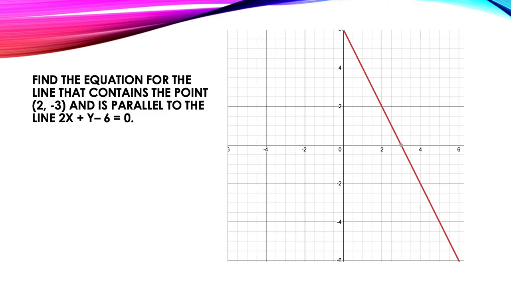First of all, what you want to realize is that the line that's drawn in the picture, and you may not always have a picture, is the equation of this 2x + y - 6 = 0. And then we want to find the point (2, -3). So (2, -3) is going to sit right about here.